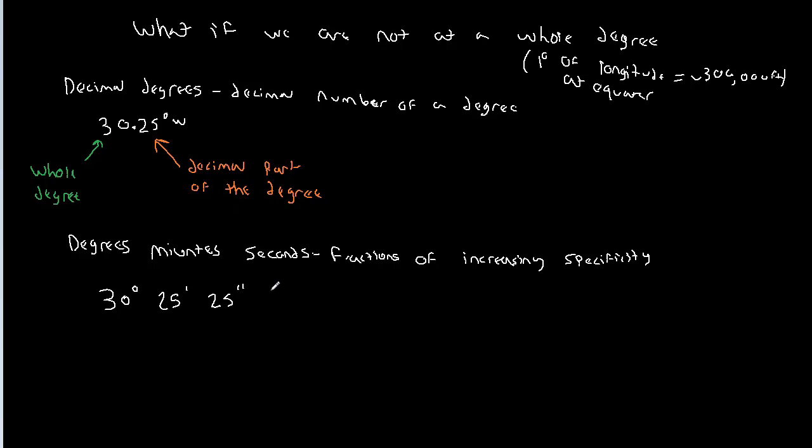And so the way this would work is this is the whole degree, so this is degrees, this is minutes, and this is seconds. The idea being here that 1 minute is equal to 1/60th of a degree.